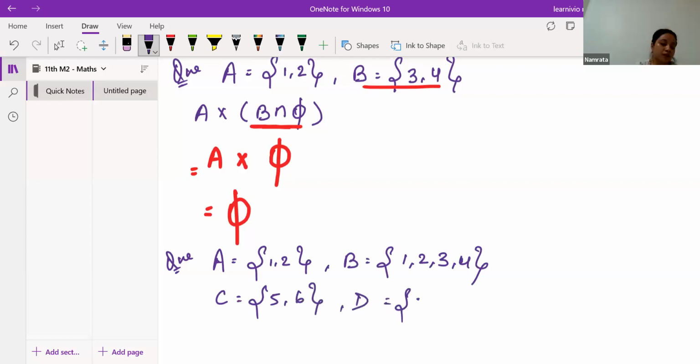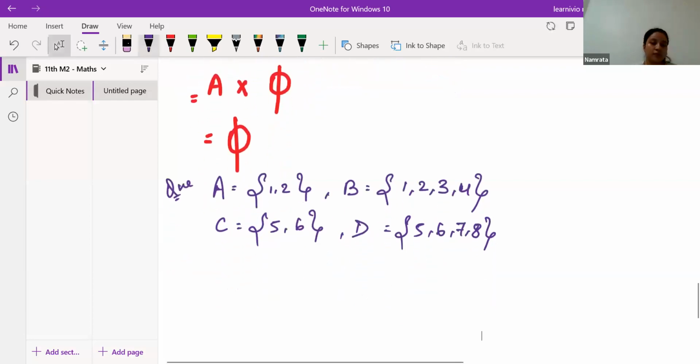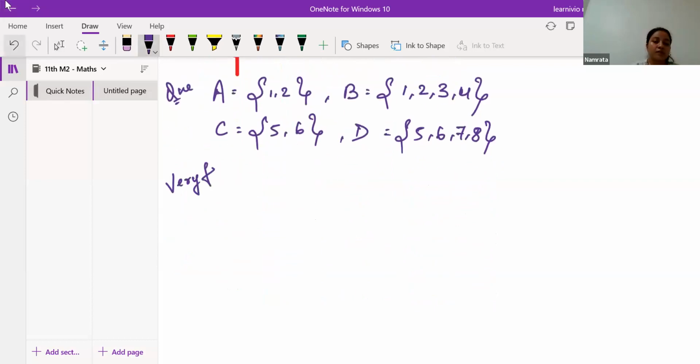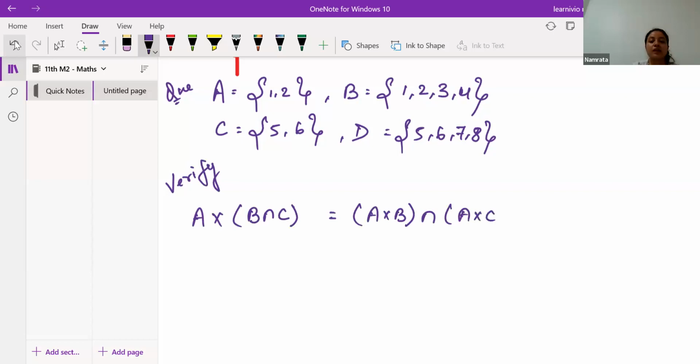Then we have to verify that A cross B intersection C is the same as A cross B intersection A cross C. Let's do it step by step.